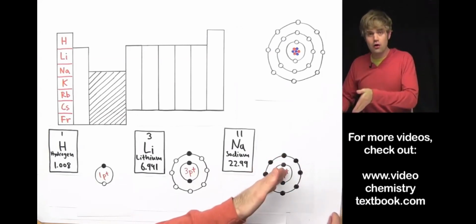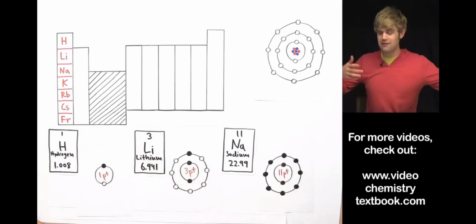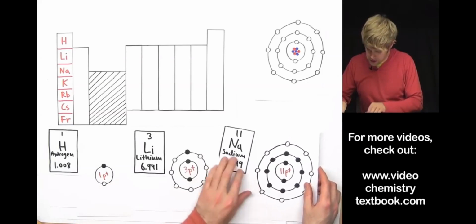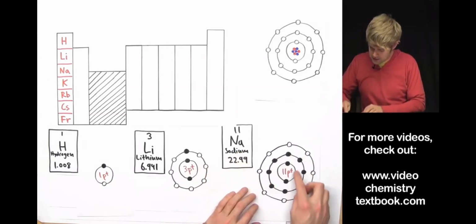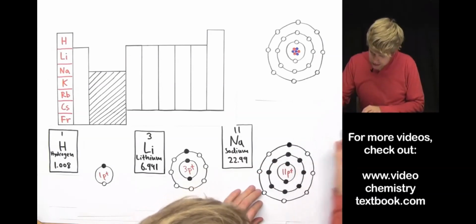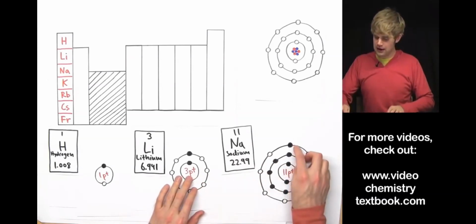And finally, these are all full, but we still have more electrons, so now we're going to have to bump it to the third energy level. Here's a third energy level that we can start filling in. 10 of these are already living in the atom, so we're going to add one more. And now there's 1 in this third energy level.